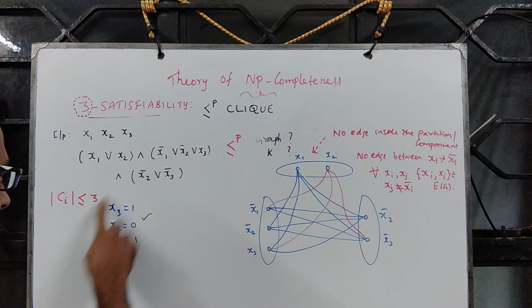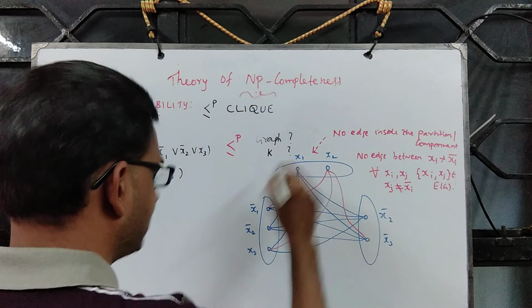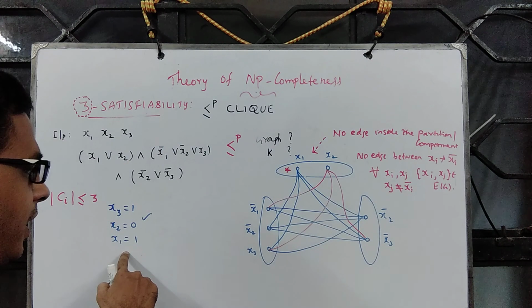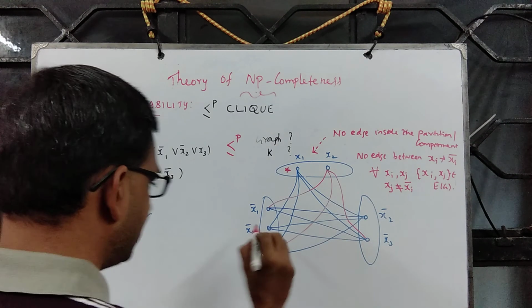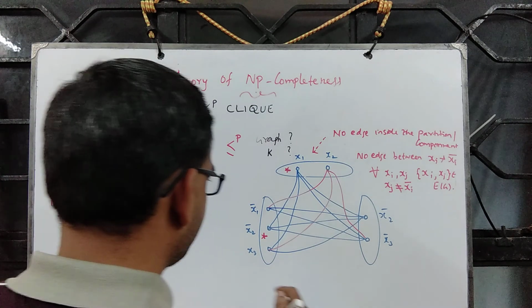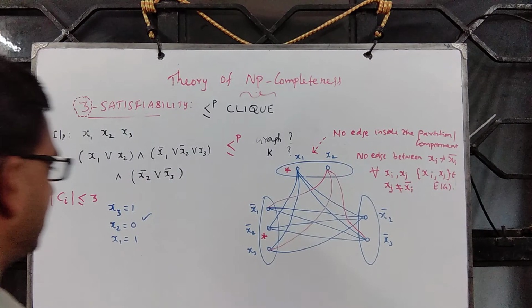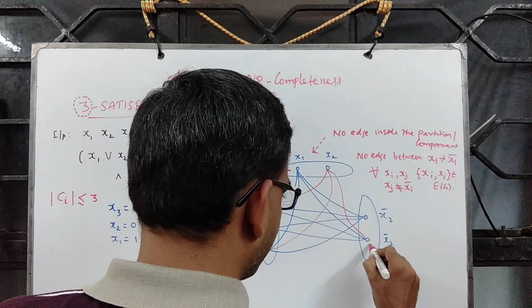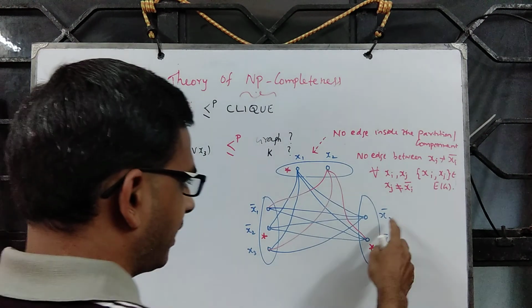Now look at the values that satisfy the truth assignment. We see that x1 is set to 1, and x2 is set to 0, which means x2 bar is 1, and x3 is set to 1, which means x3 bar is 0. Okay, so look at this. We can even take x2 bar.